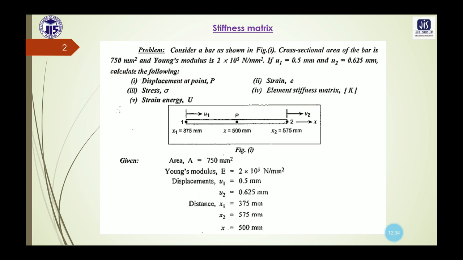So what we have done in this numerical: one bar section or bar element was given here, which has two different nodes 1 and 2 at its ends, but within the bar element there is one more node which is considered as capital P, and the nodal displacements U1 and U2 corresponding to nodes 1 and 2 were given as 0.5 millimeter and 0.625 millimeter.